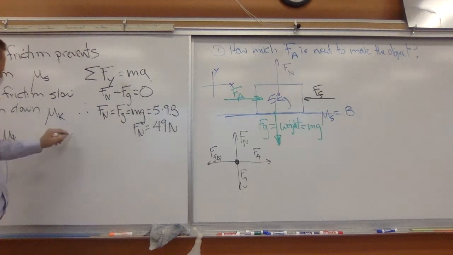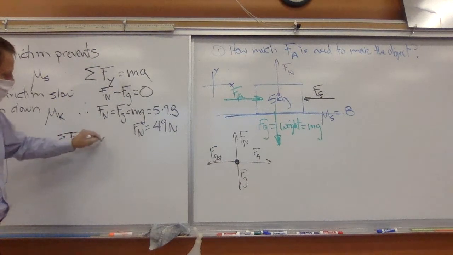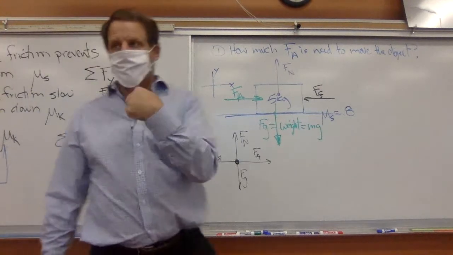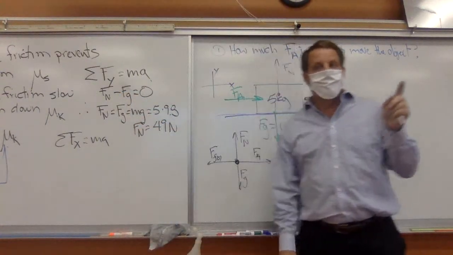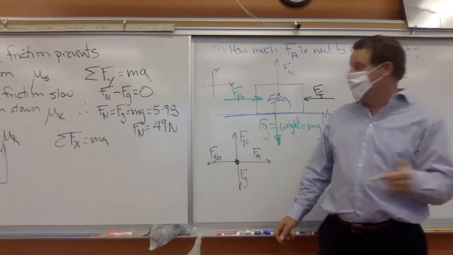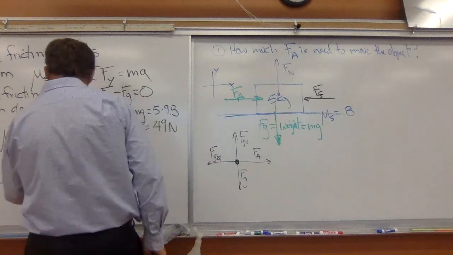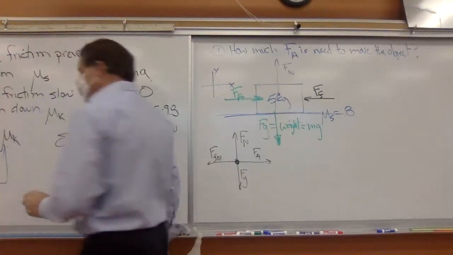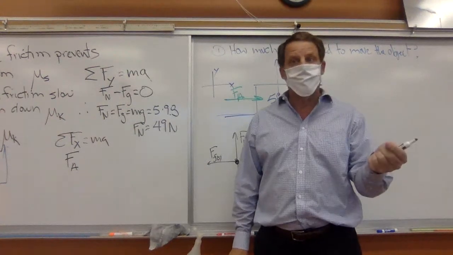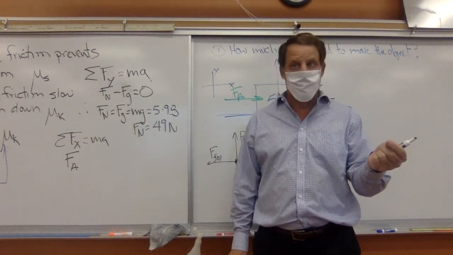So now we're going to say the sum of the forces in the x is equal to ma. And as I was starting to say, because I got out of order there, in order for this to move, my applied force has got to be greater than the frictional force.